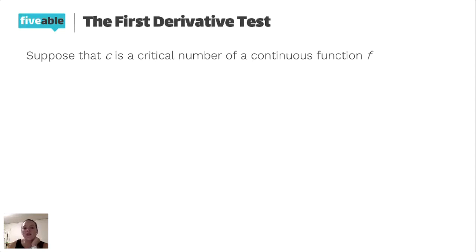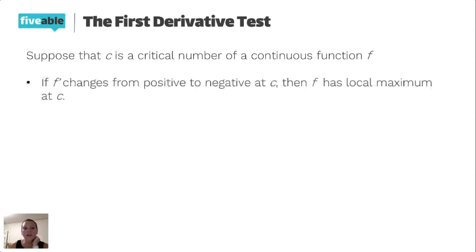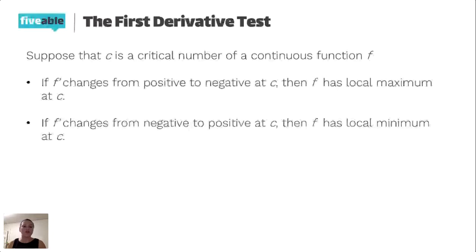So if I have a critical number c and my function's continuous, if f prime changes from positive to negative, then I end up with a local maximum, okay? If f prime, my derivative, changes from negative to positive at my critical number, then I know that f has a local minimum.